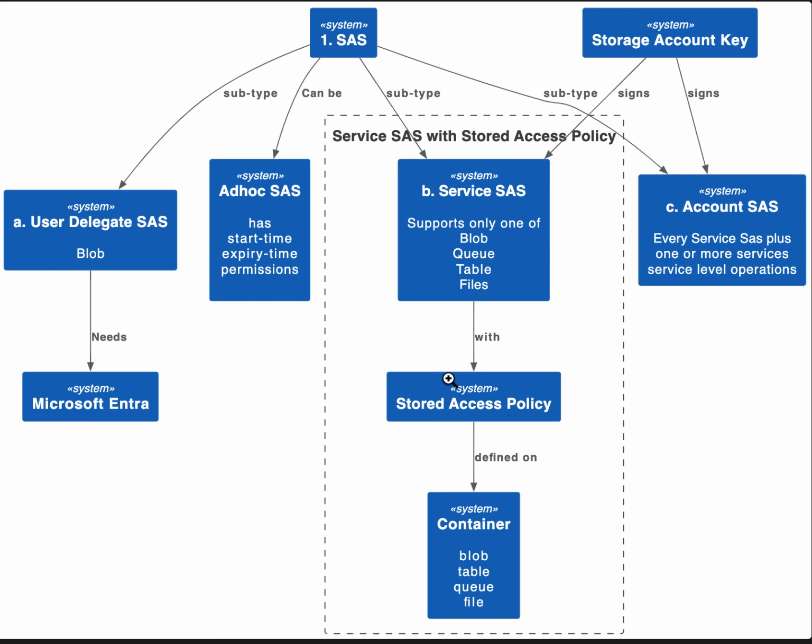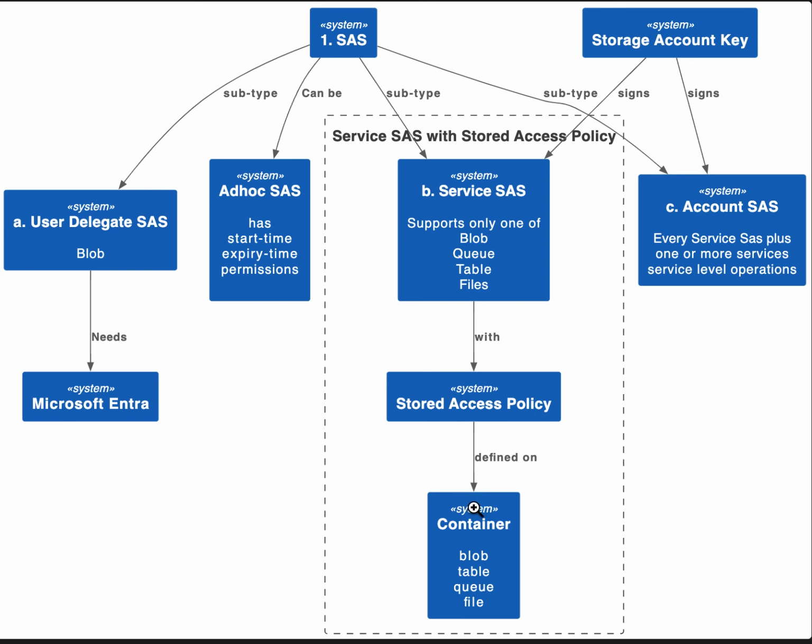You can create a stored access policy where you specify the container you're applying this policy on, and you can specify all the parameters like start time, expiry time, and the permissions. When you create a token using this approach, you specify the stored access policy ID, and your token basically inherits the parameters from this policy.